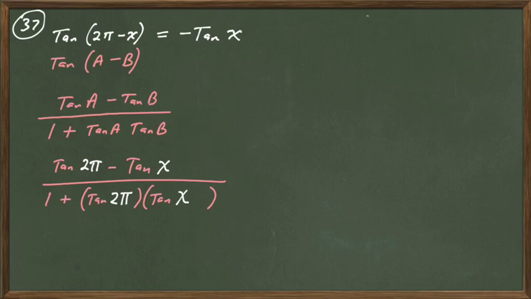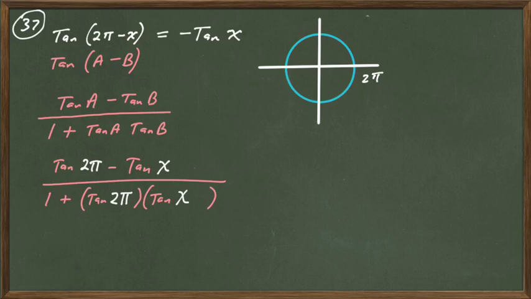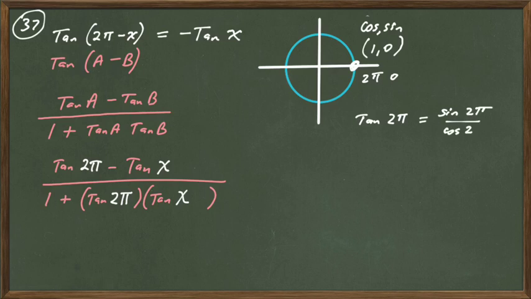Well, think about the unit circle. Where is 2 pi on the unit circle? It's at the right. Same place 0 is, right? And what would be the coordinates there on the unit circle? 1, 0. Cosine, sine. Do you agree tangent is the same as sine over cosine?